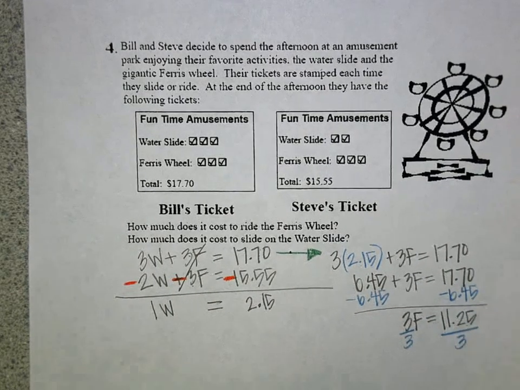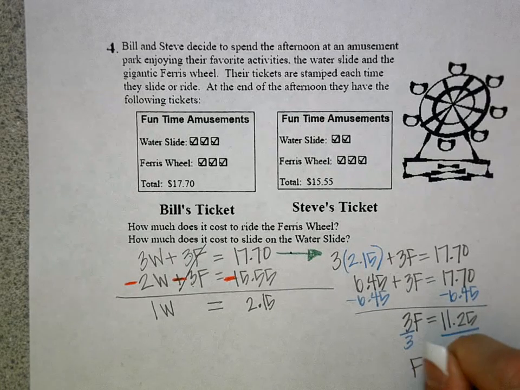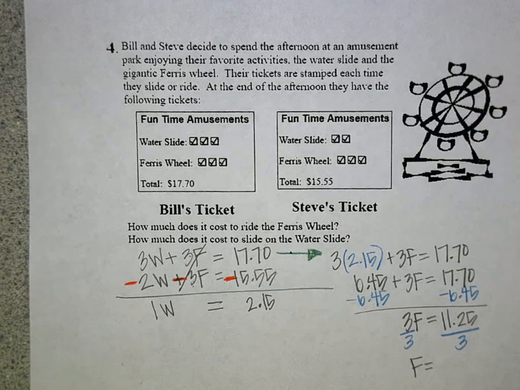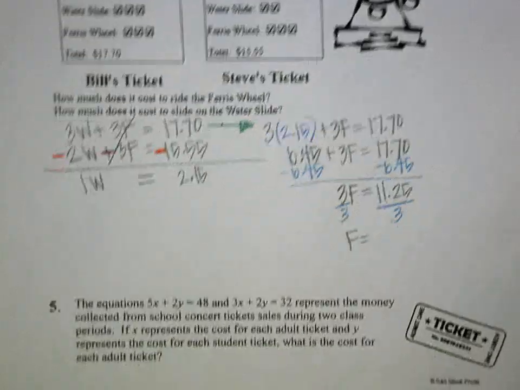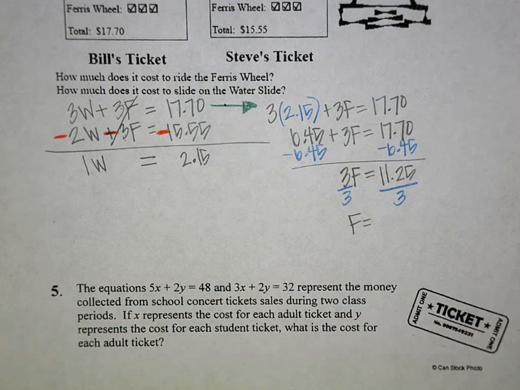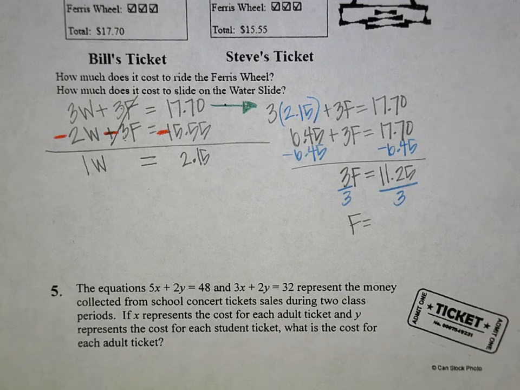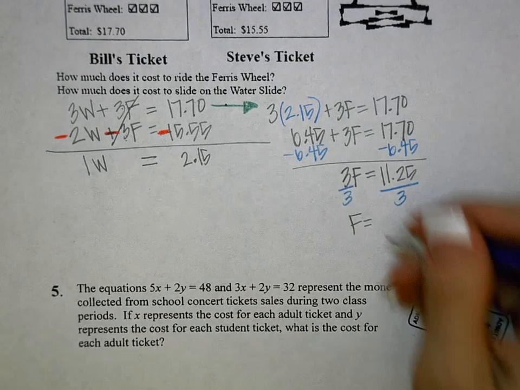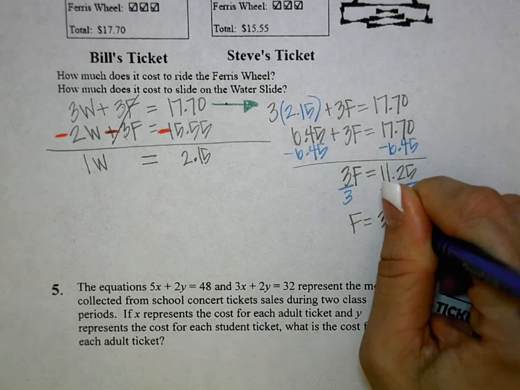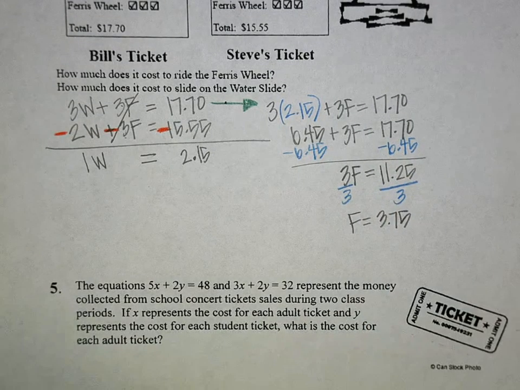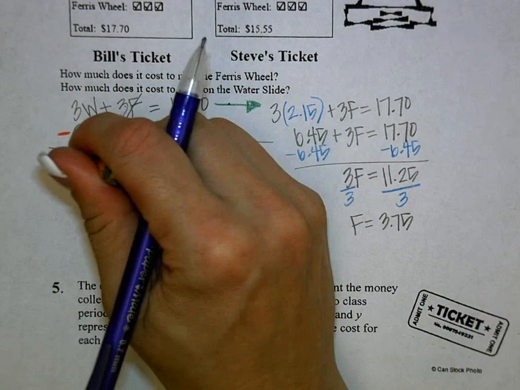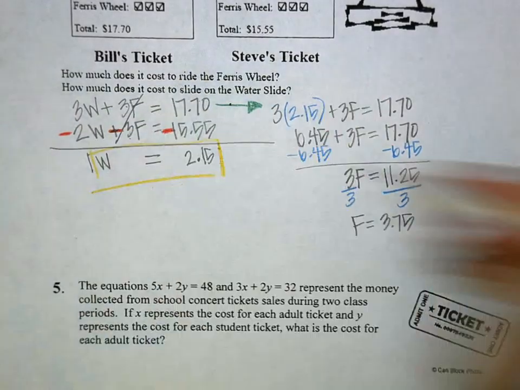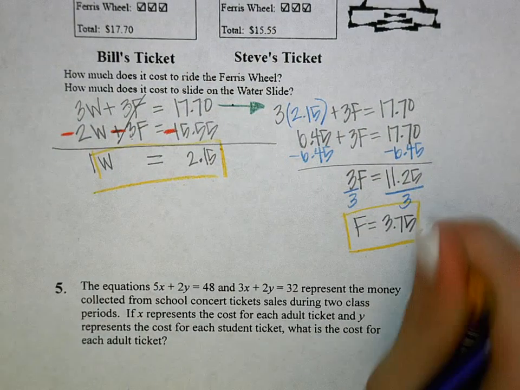If you divide by 3, you're going to get that Ferris wheel rides are equal to $3.75. So 1 water slide ride is $2.15. 1 Ferris wheel ride is $3.75.